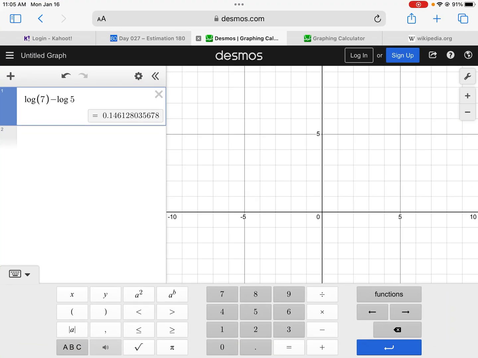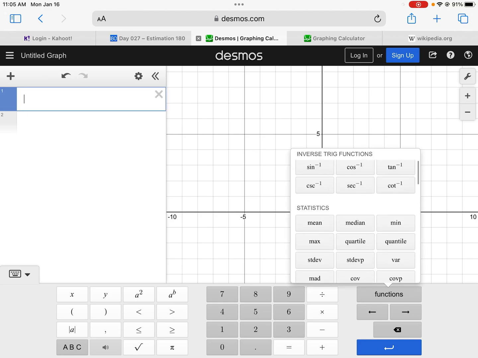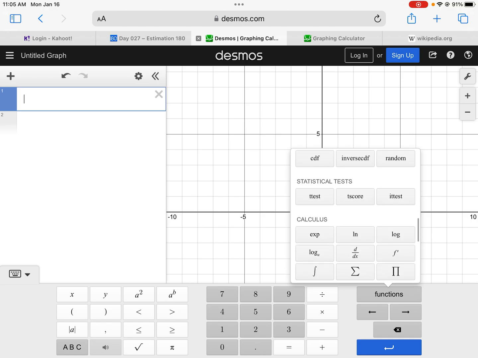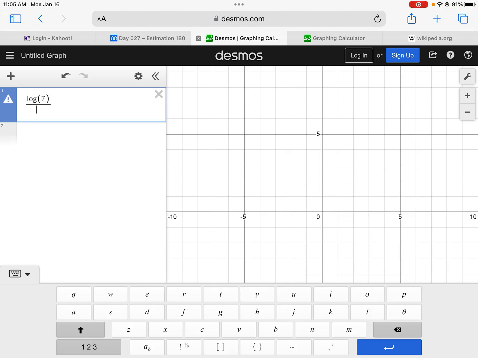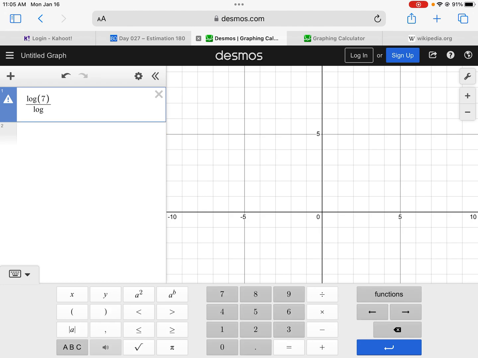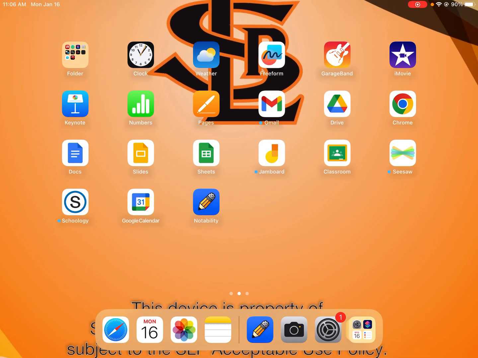Whoops, I think I put minus, didn't I? Functions, log 7 divided by log 5, and then I have to subtract 1. No, I subtract 2. So negative 0.7909.